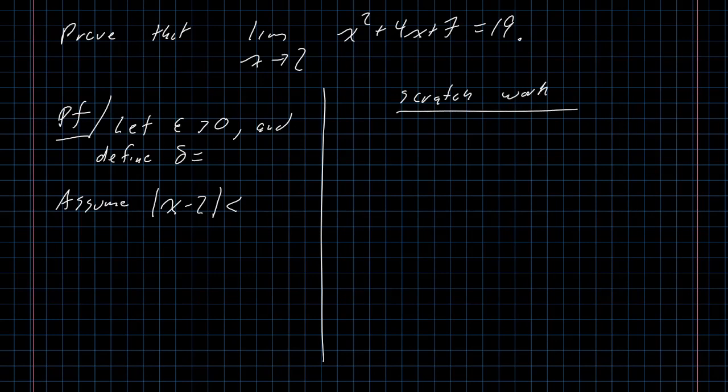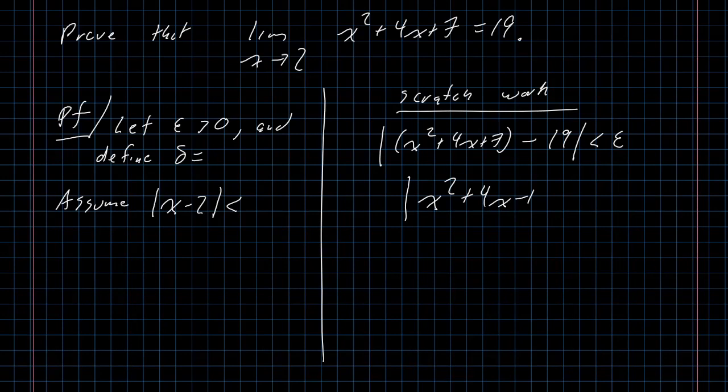Well, let's go off to the side. We know that our end goal is to get the absolute value of f of x, which is x squared plus 4x plus 7, minus L, which is 19, to be less than epsilon. And we can clean up a little bit. X squared plus 4x plus 7 minus 19 is just x squared plus 4x minus 12.